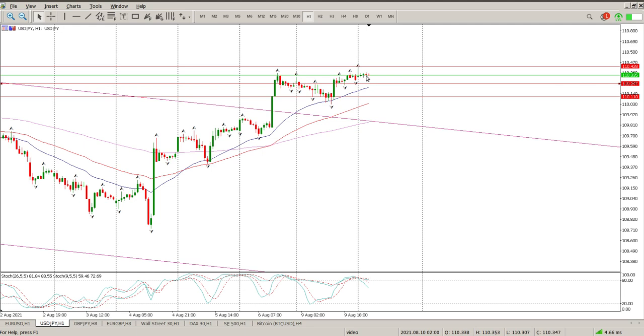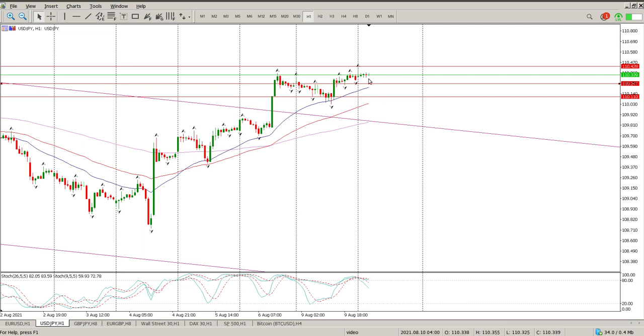So breaking through it is going to take a little bit of effort. So maybe a return back down to this area, 110.110. So we just form some form of a consolidation range while the oscillators ease off a little bit, and then an acceleration to the top again. Kind of my view at the moment.